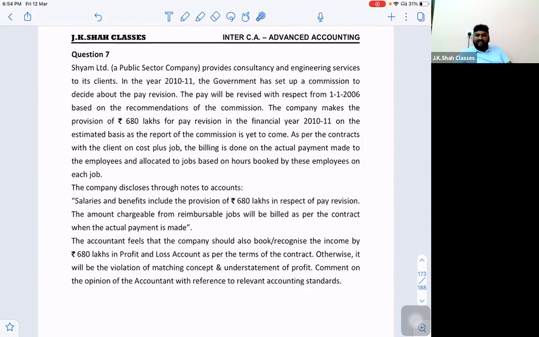Means if 5 people are working on a project and the total salary of those 5 people is say 50 lakhs, and say they are working 1000 hours a month total, 5 people collectively, so what is the per hour rate? 50 lakh divided by 1000. So 5000 rupees is the per man hour. So 5000 plus 100% or 200% profit margin, these IT companies will charge.